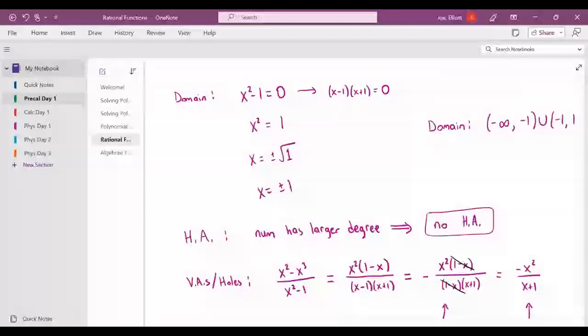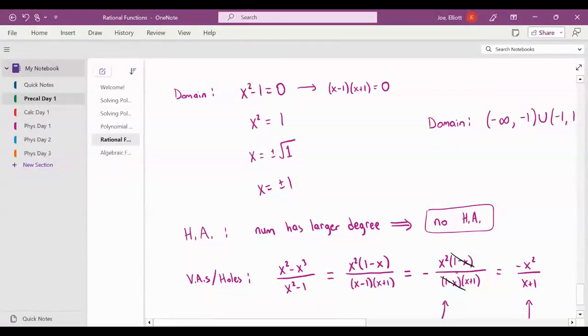Yeah, so it's certainly possible that there's no hole. If you were not able to cancel anything out from the numerator and denominator, then you would not have any holes. Okay. As for what you mean by a different type of discontinuity, we'll talk more about continuity and discontinuity when we get to day 3 and day 4, because that's actually a calculus concept.